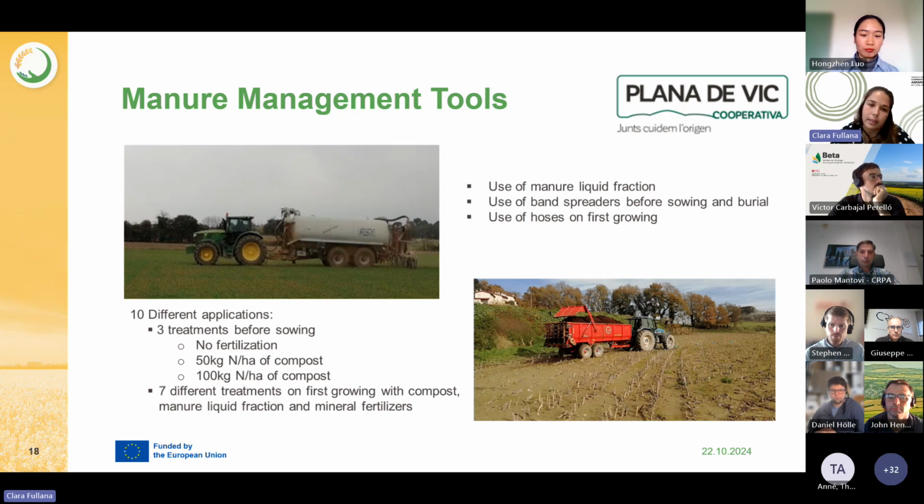They first used band spreaders before sowing and buried the manure. And then during the first growth of the crops, they used hoses for the application. In the other land, they made 10 different applications, different combinations of treatments before sowing and treatments during the first growth of the crop, to find out which one is the best for these conditions.